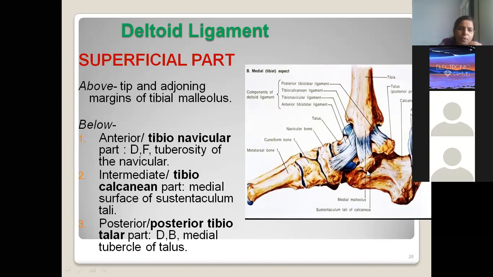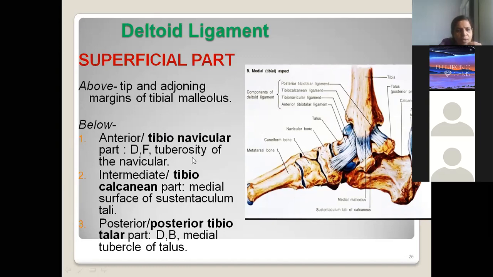Now below, you see these are anterior fibers, intermediate fibers and posterior fibers. The anterior fibers are going from the tibia to the navicular. You call it the tibionavicular part. They are moving dorsally and superiorly over the tuberosity of the navicular bone.